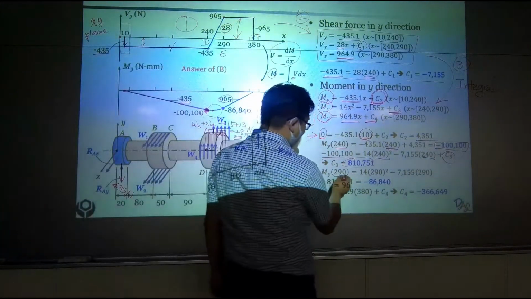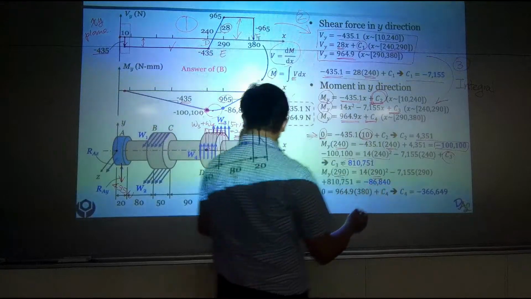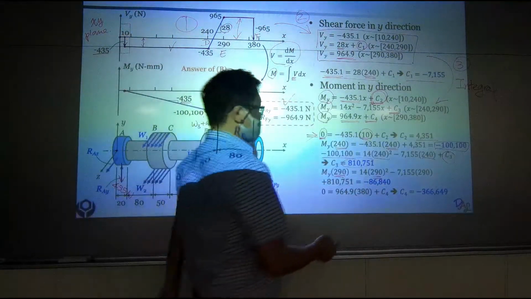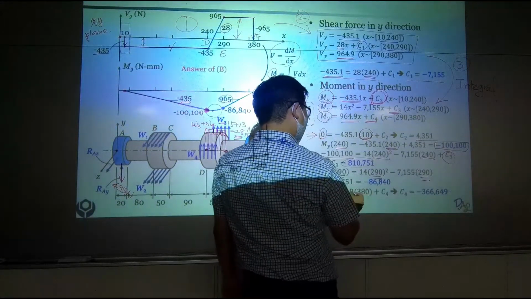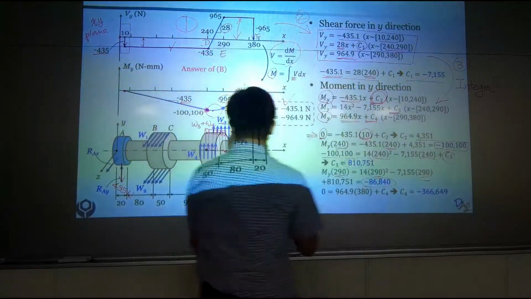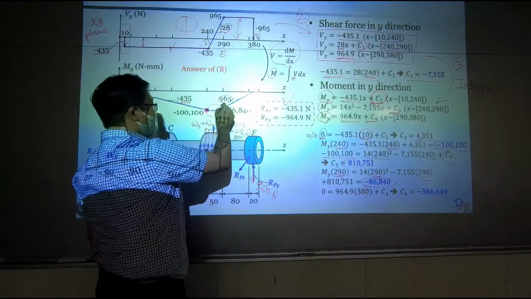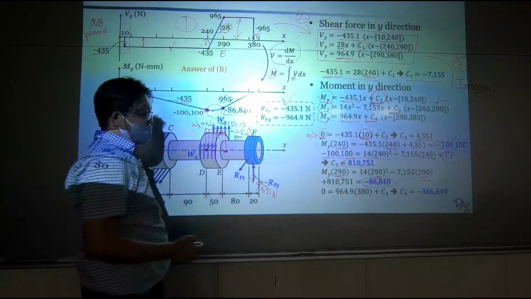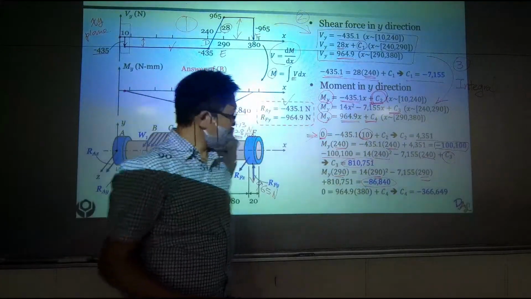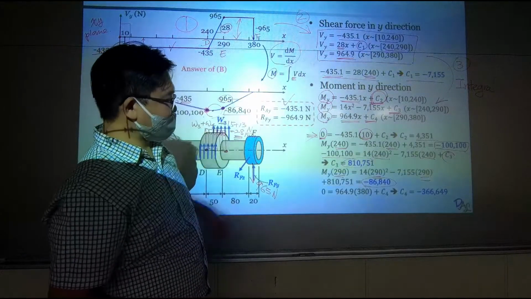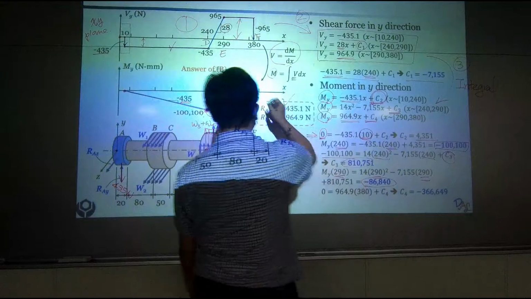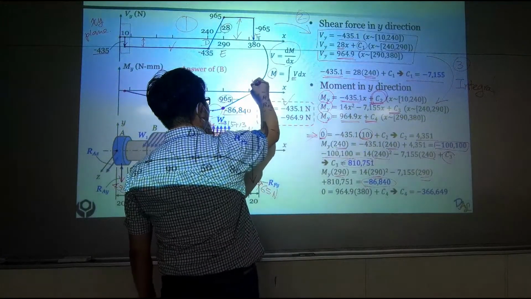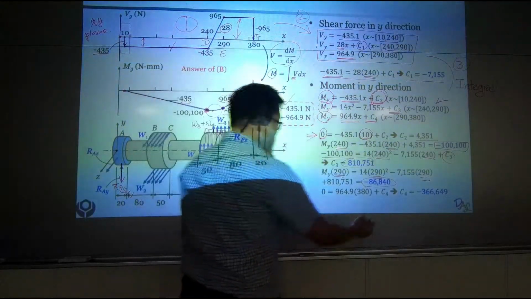And for the last one, just the way I did it was plug in 290 into the second equation. And over here, I realize the bending moment right at this point is this number right here. And plug in the final equation. What I did was I used this to get the C4.